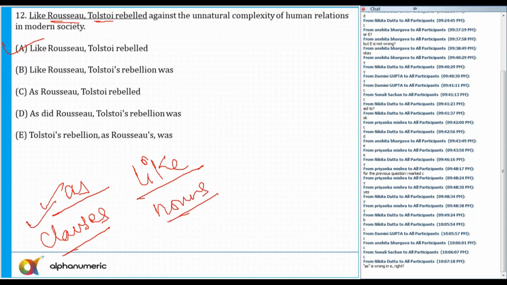But when we compare nouns, when we compare things, when we compare people, then we'll have to use like. This is the difference between as and like. Over here, it cannot be as. Tolstoy's rebellion like Rousseau's.